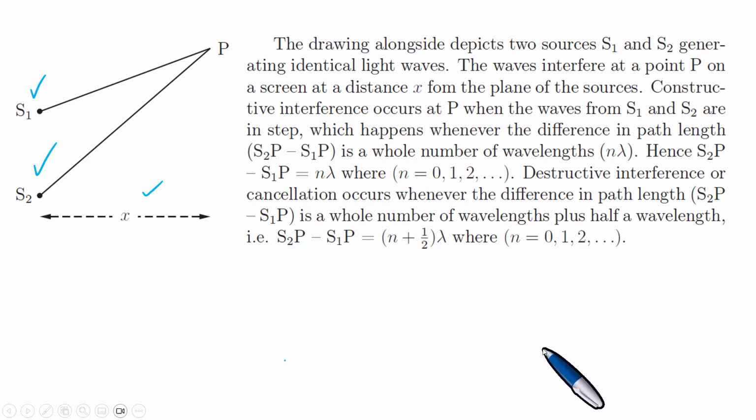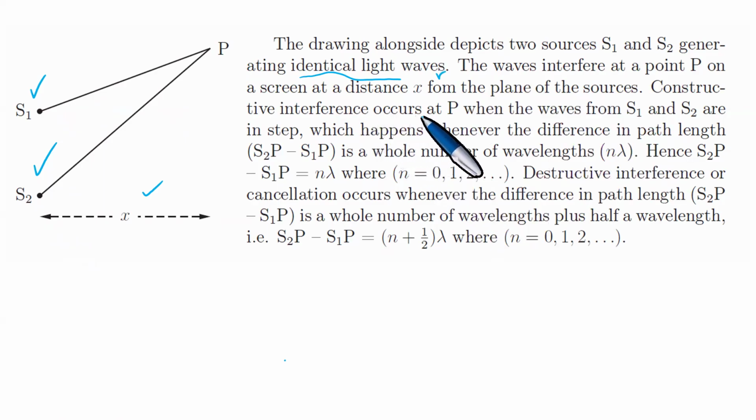Right, and I want us to reiterate that this particular drawing alongside depicts two sources, S1 and S2, generating identical light waves. Here is source 1 and source 2 generating identical light waves. They interfere at a point P on a screen at a distance x from the plane of the sources.